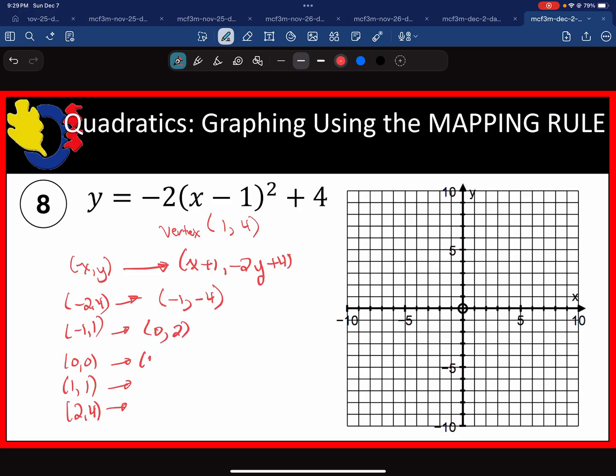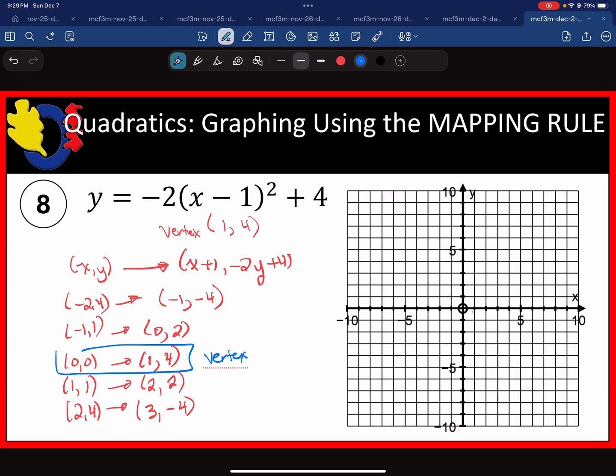Plugging in 0, we get 1 and 4, and that's our vertex. Then we're going to get 2 and 2. Then we're going to get 3 and -4. Okay, so again, the 0, 0 is our vertex.